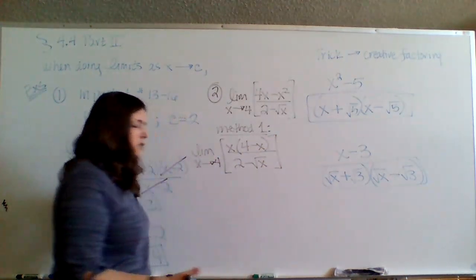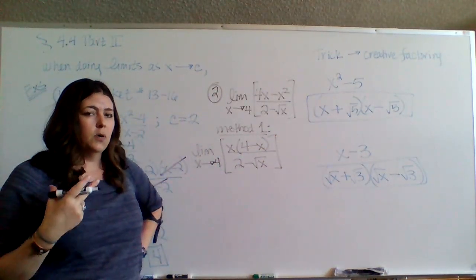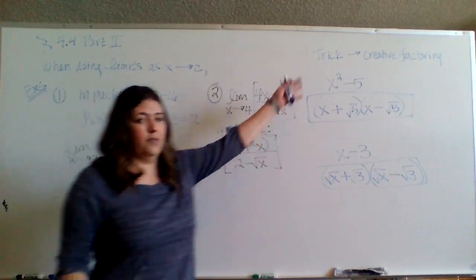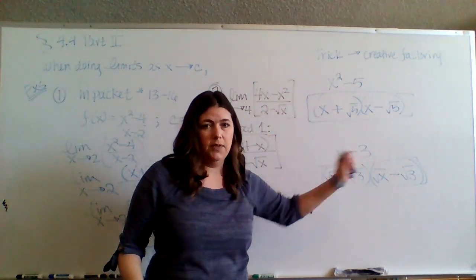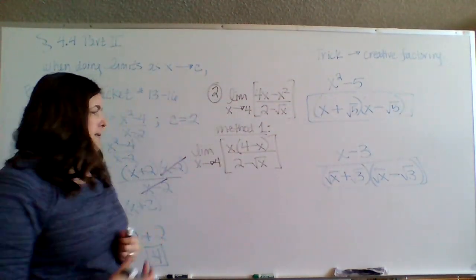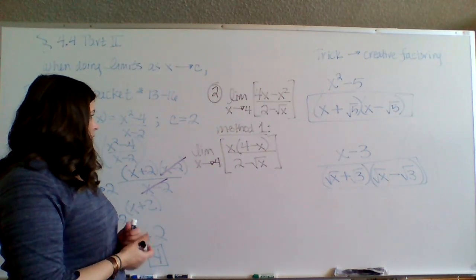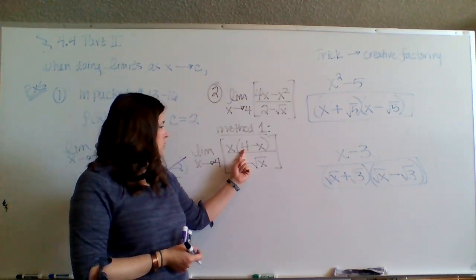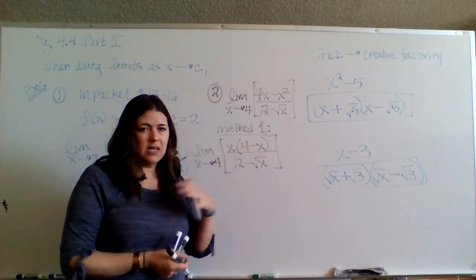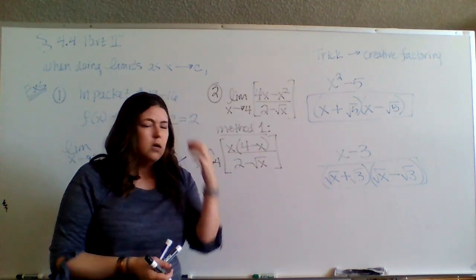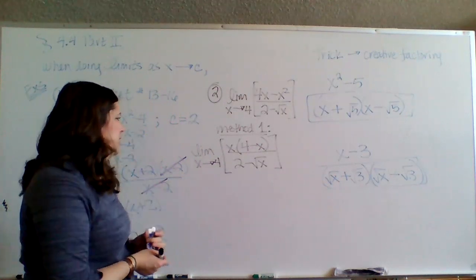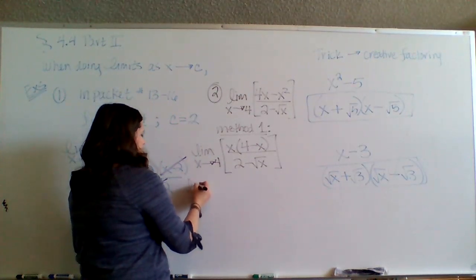So I said we were going to do this 2 ways. Because we just were talking about that creative factoring that's still right here in blue on the right-hand side of the board, let's think about some creative factoring right here. This linear binomial in the numerator, 4 minus x, typically we would say it's linear, it can't factor anymore. But maybe we could try to factor that.